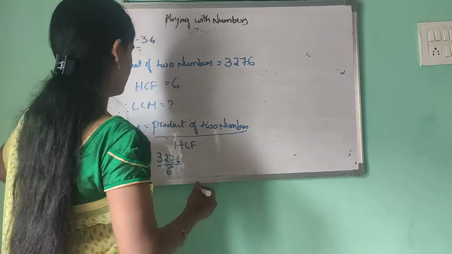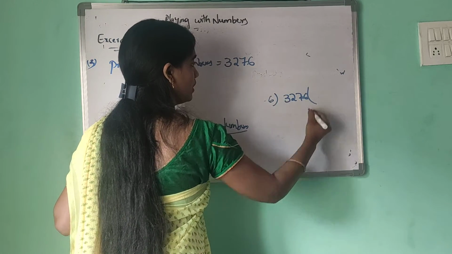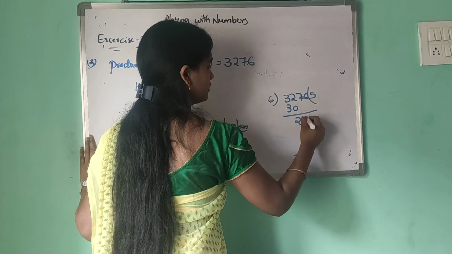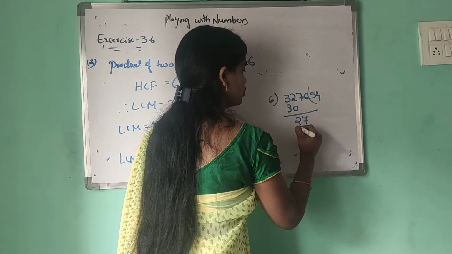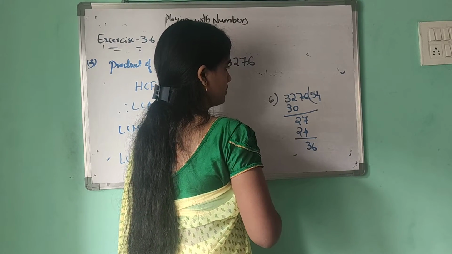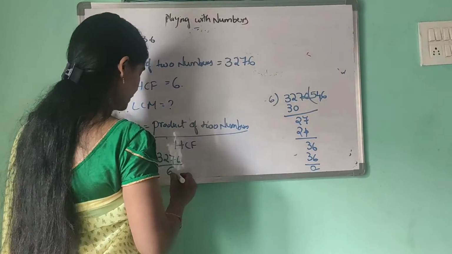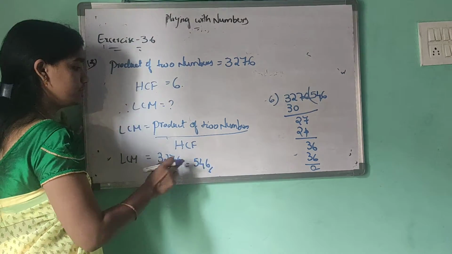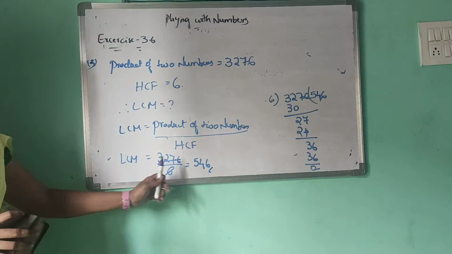So let's see, 3276 divided by 6. 5 6s are 30, 27. 4 6s are 24, 3. 6 6s are 36, 0. So how many times is it divisible? 546. So the LCM value is 546.